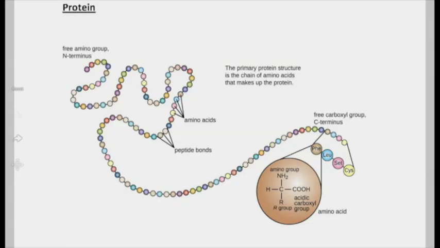Protein, another macromolecule, is composed of a lot of amino acids chemically bonded together. That means a number of amino acids joined together form a protein molecule. Or you can say that when a protein molecule is broken down, you get the amino acids.